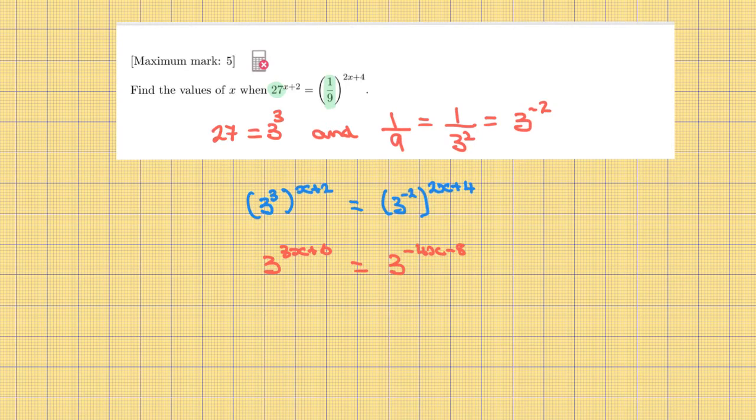Now, because the bases are the same, I can write 3x plus 6 is equal to minus 4x minus 8. So therefore 7x equals minus 14, so x equals minus 2.